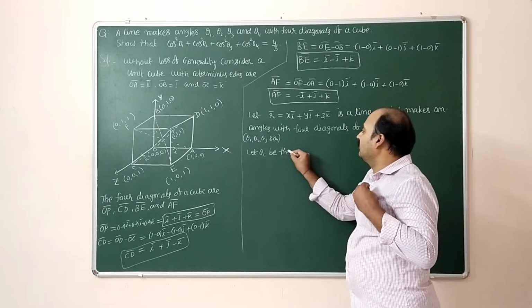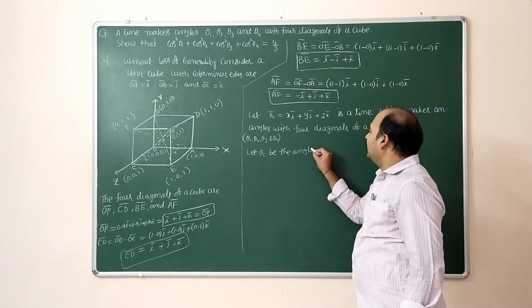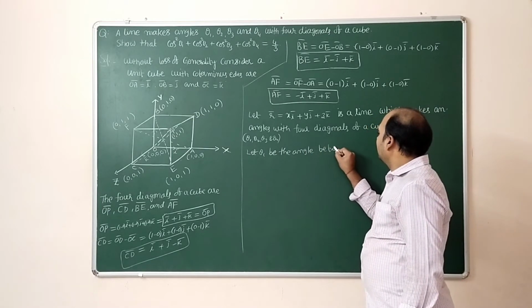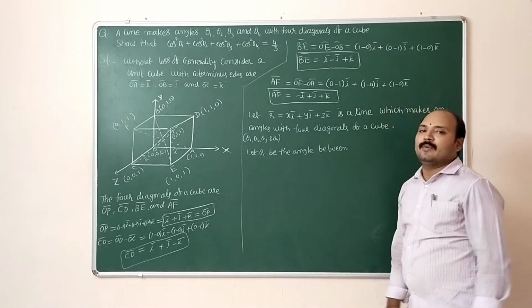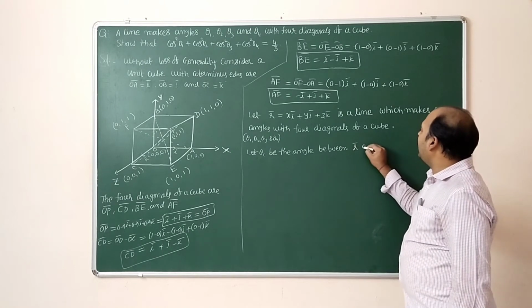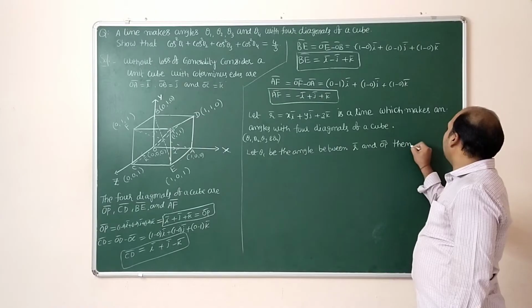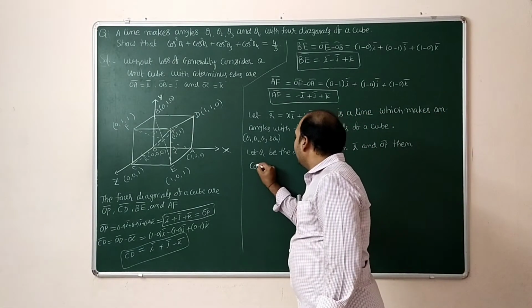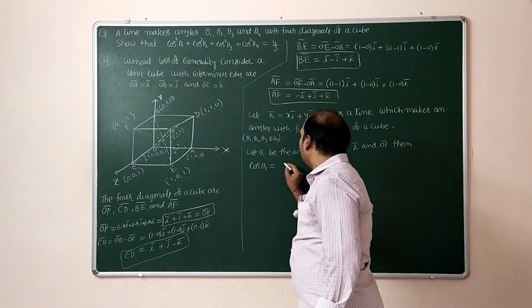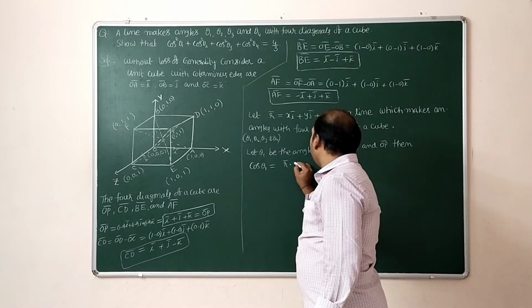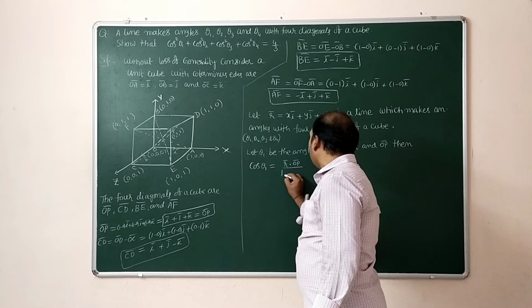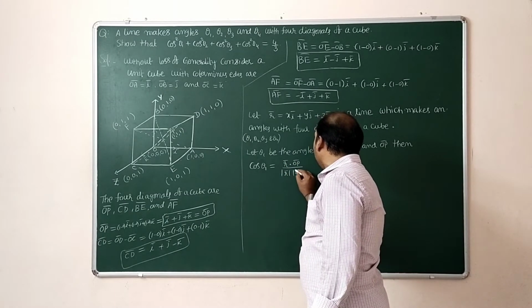Now let theta 1 be the angle between R bar and the first diagonal OP. Then cos theta 1 is equal to R bar dot OP bar by mod R bar into mod OP bar.